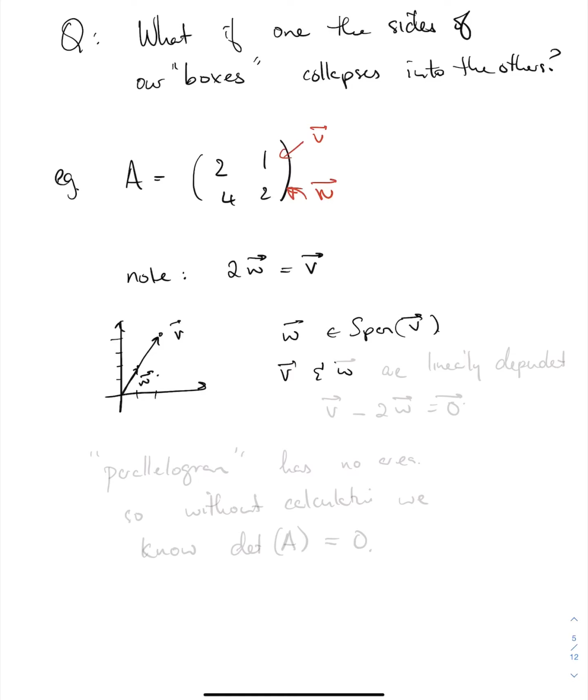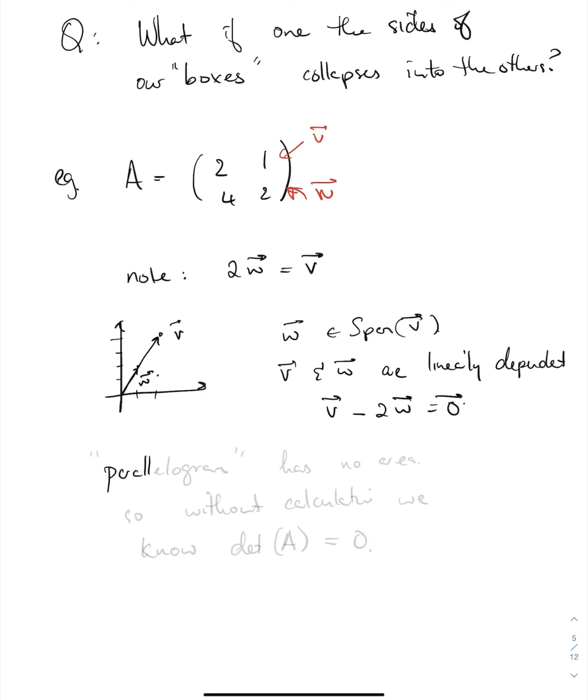V and W are not linearly independent. They are linearly dependent. We can see this because V minus 2W is equal to the 0 vector. All right, but let's talk about the parallelogram.